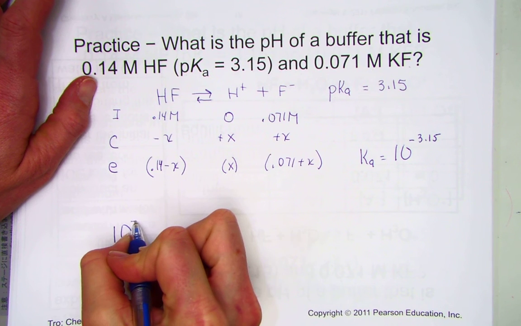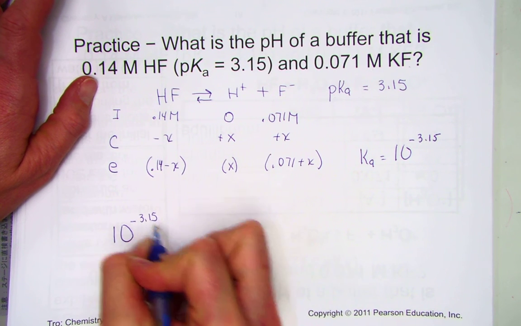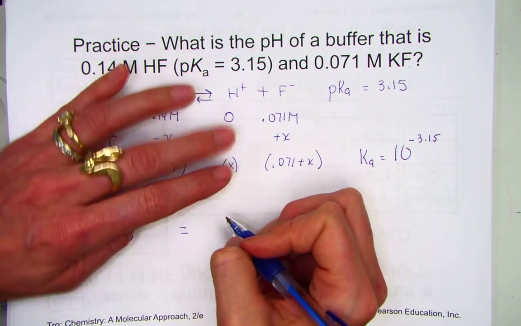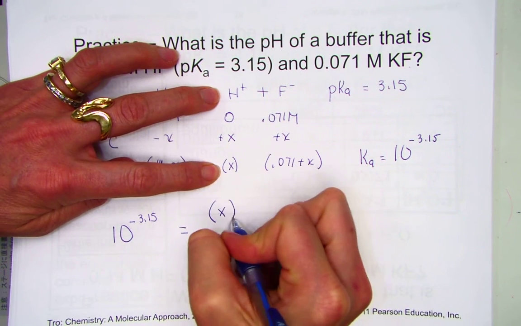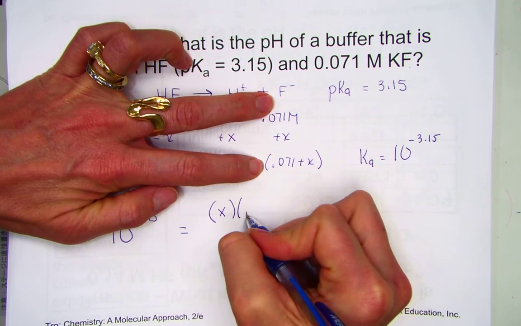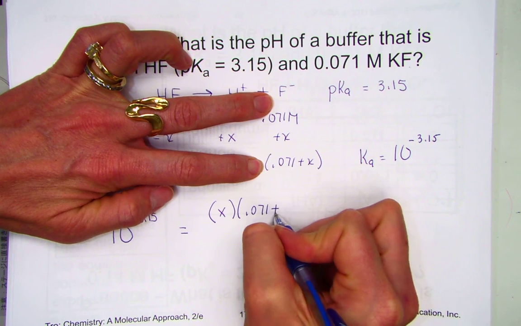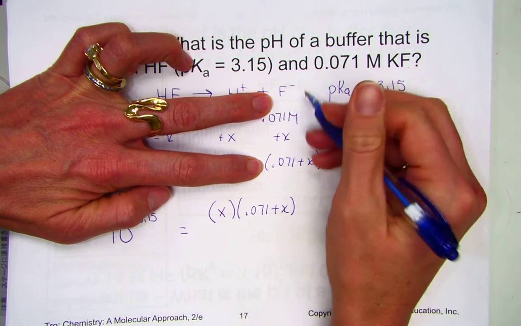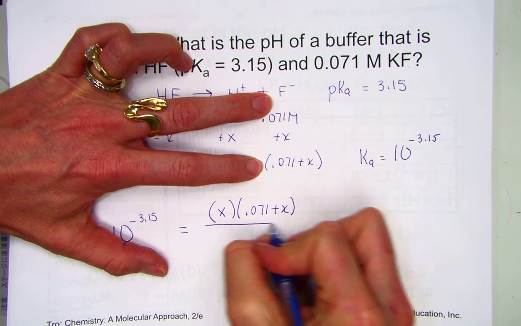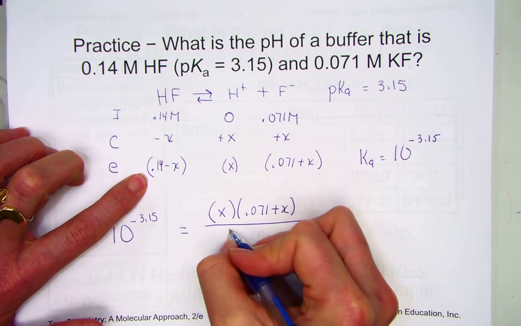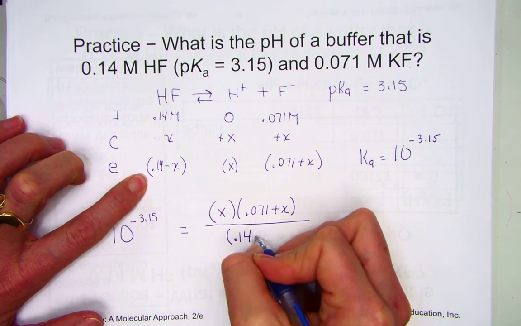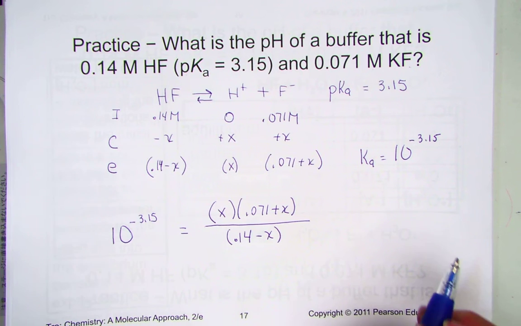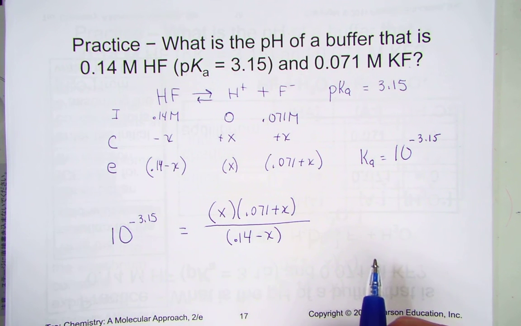Ka is equal to the concentration of the product, hydrogen, times the concentration of the fluoride, over the concentration of the hydrogen fluoride acid, HF.